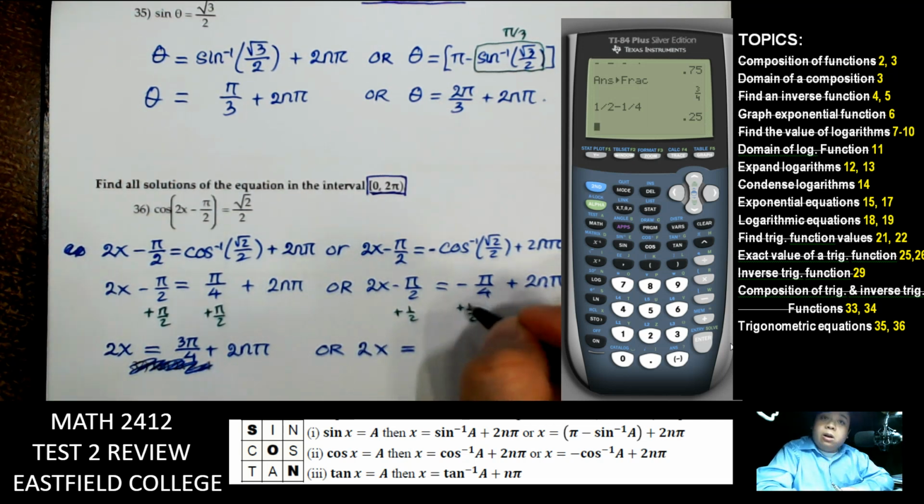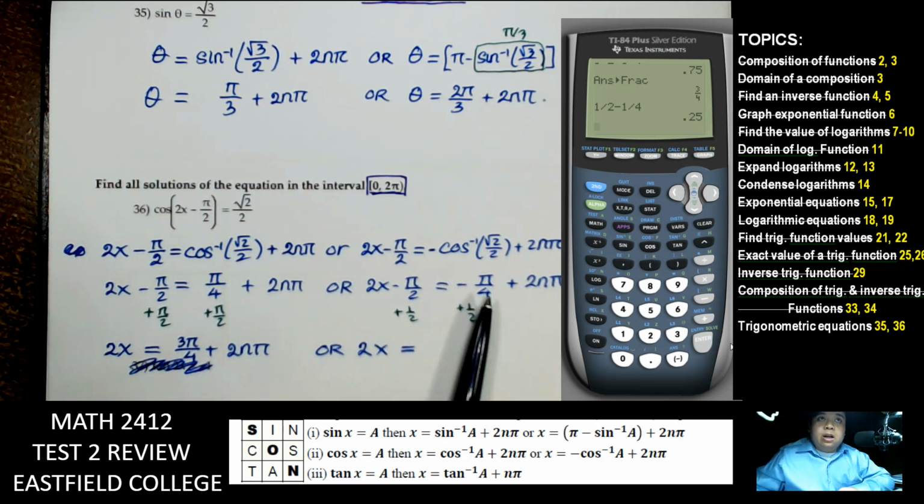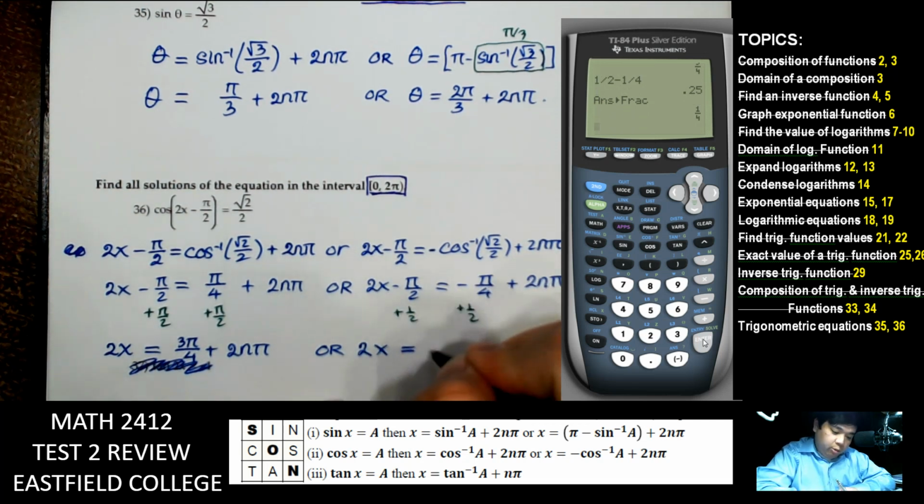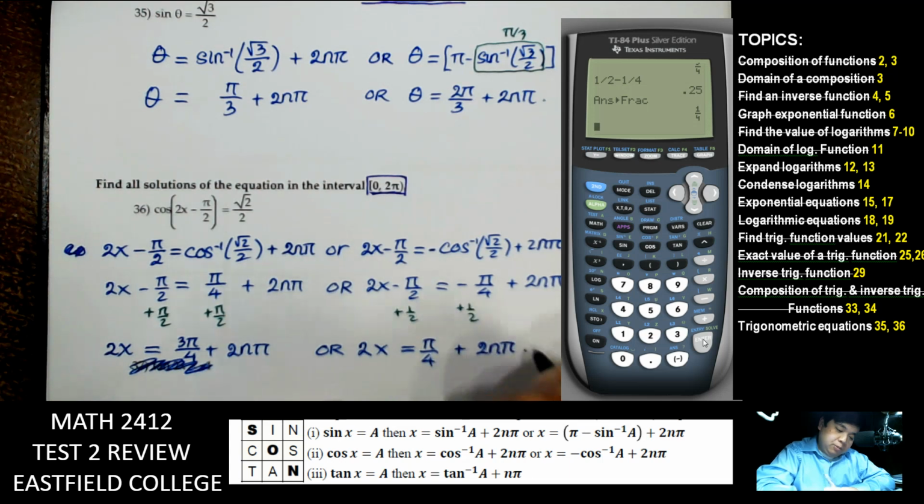We have 2x equal to, change that to a fraction, 1 over 4, or pi over 4, plus 2n pi.